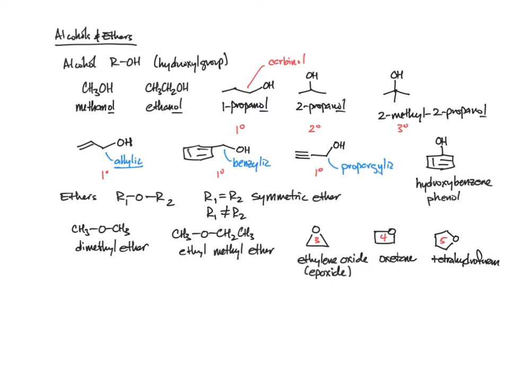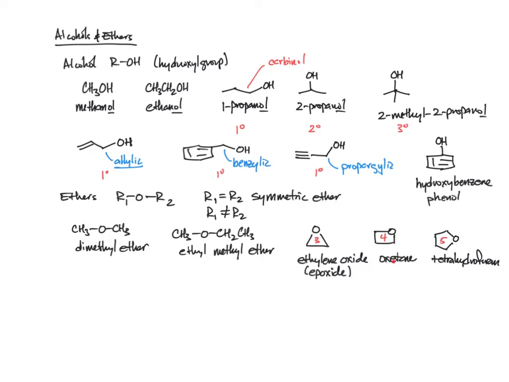So we do need to have an appreciation for these, because we're going to look at the chemistry of epoxides. We have a three-membered ring. It's strained. That means we can open it with nucleophiles either under acidic or basic conditions.